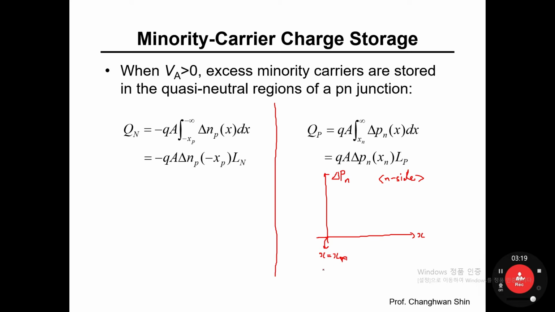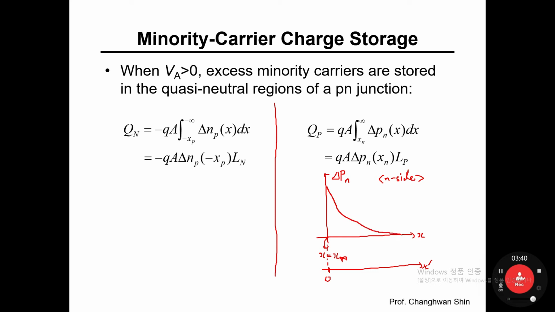We have adopted a new coordinate system x prime, and that corresponds to 0. Under forward bias, many holes are injected into the n side, and they are going to be piled up.